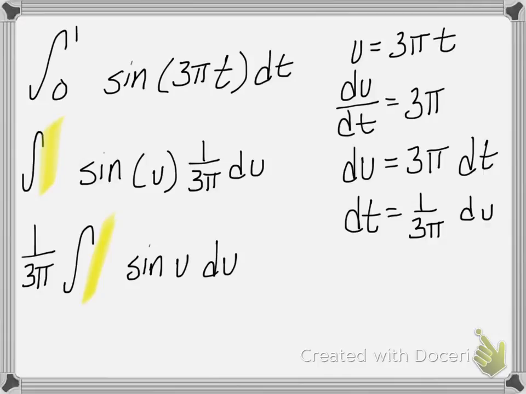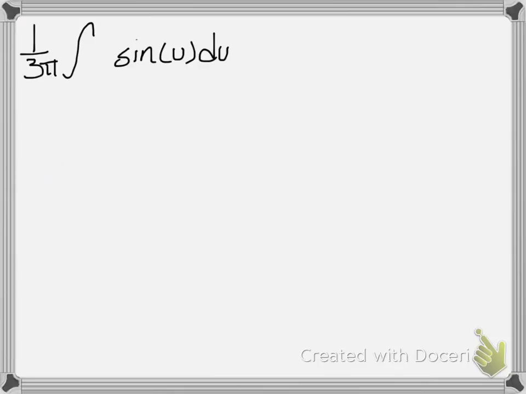I'm going to go ahead and sub the u back in. So there's what we had, and once we take the antiderivative, we're going to have 1 over 3 pi times the antiderivative of sine u, which would be, the derivative of sine is just cosine, so I can get rid of that negative.